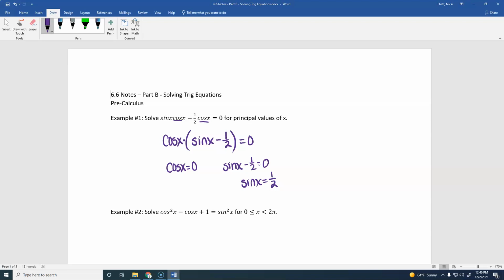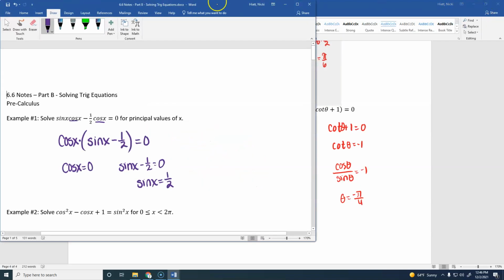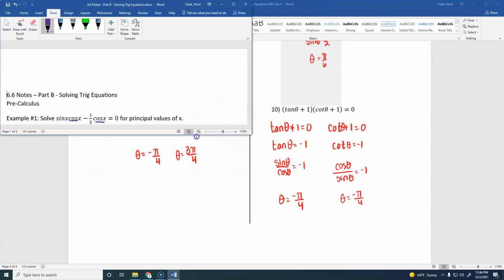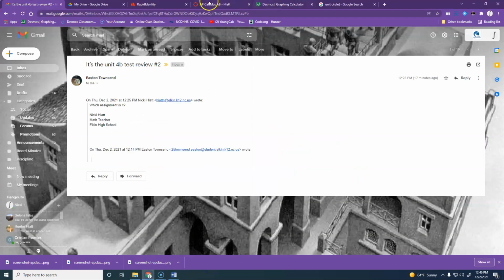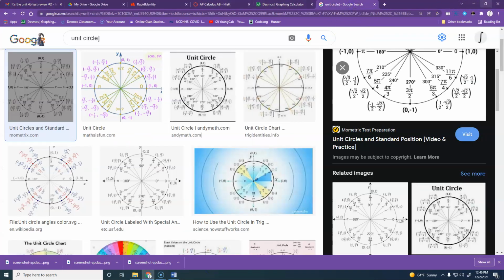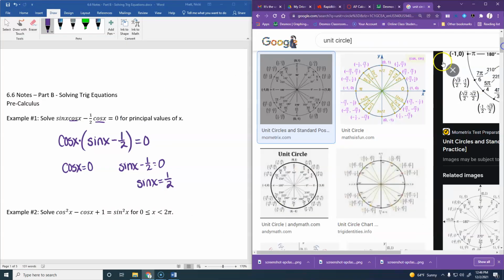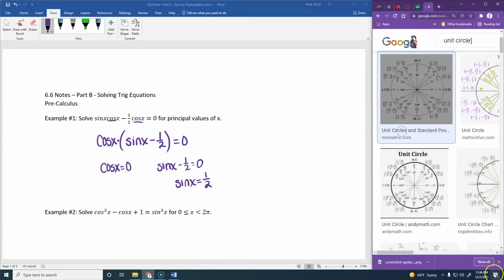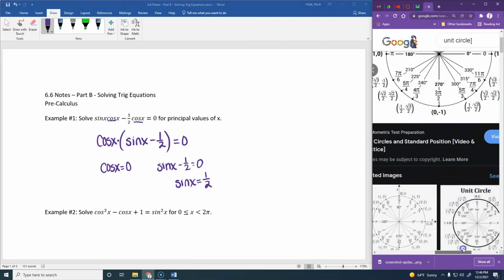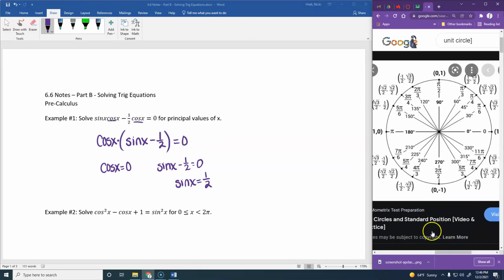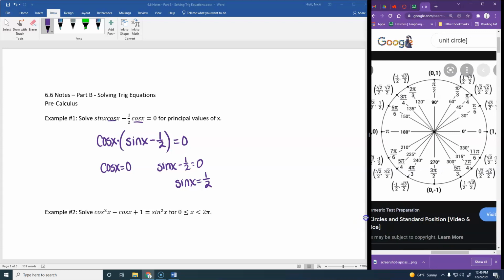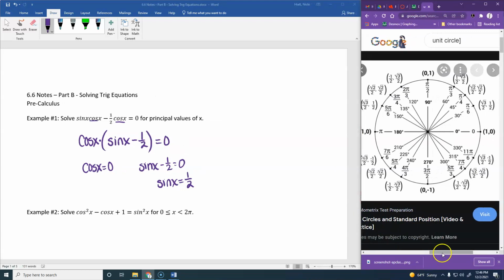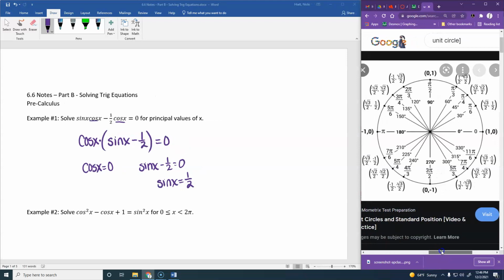Okay, so make this where I can see my unit circle again. Right there.